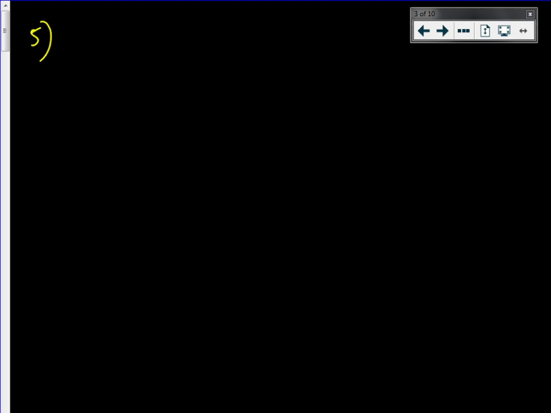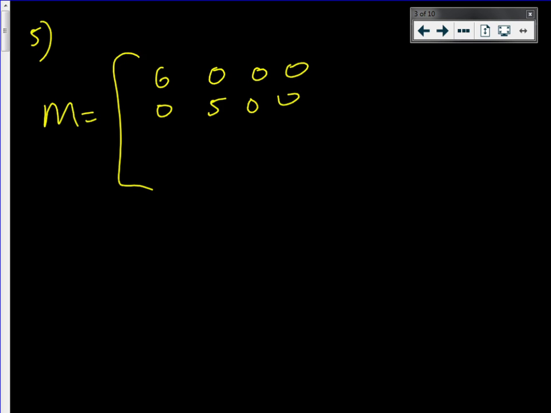Number 5. They give us this matrix M. It's A plus B plus 1, which is 6, and then 3 zeros, and then the second row is 0, C plus D is 4, plus 1 more is 5, and then 2 zeros, and the next 2 rows is this one and this one.